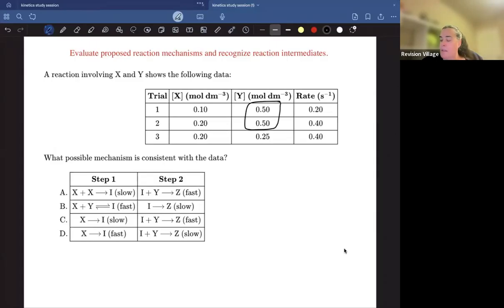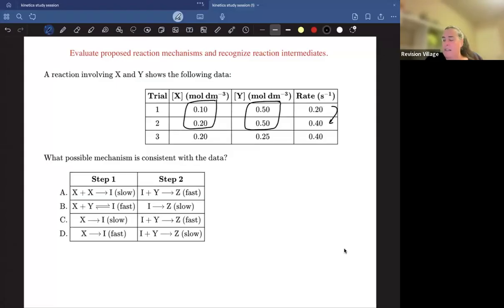So they're holding y constant. They're doubling x, and the rate is doubling. I'm going to open this up to any questions that you have in a minute. If you have any questions, I'm happy to answer them. I think this is just about the last question I prepared.